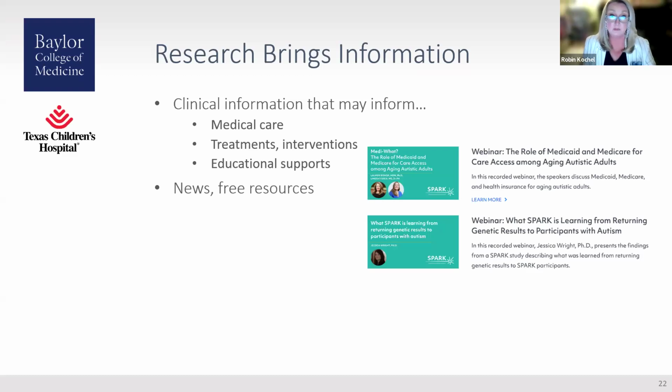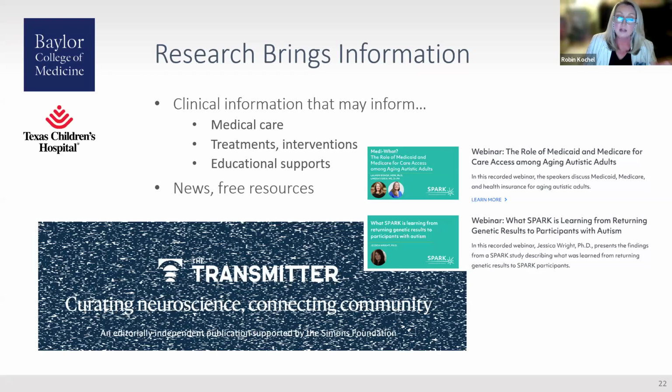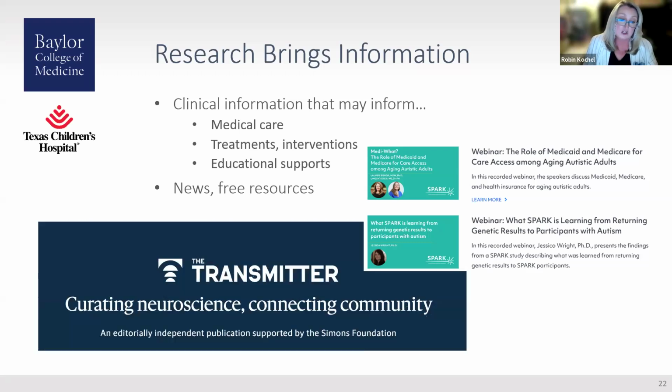These webinars are hosted monthly. They're freely available, so people don't have to participate in Spark to be able to access them. But you may never have learned about them if you hadn't participated in research or hadn't talked with a researcher, who kind of pointed you in that direction. Likewise, the Simons Foundation puts out this newsletter called the Transmitter.